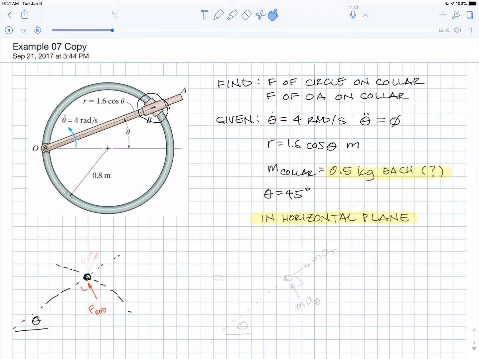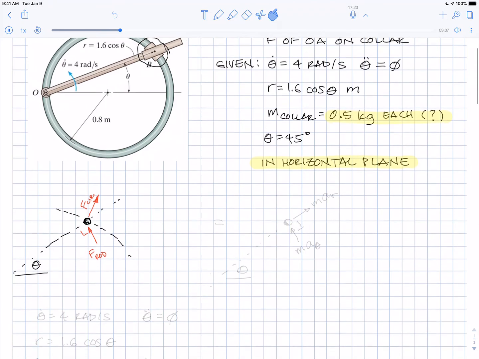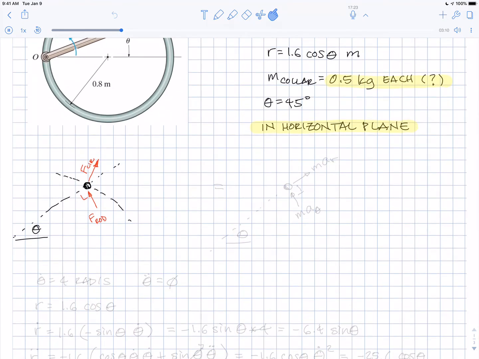And then there's going to be a force perpendicular to the circle, and I can see that this is going to be a nightmare in geometry. We'll see. I'm going to call that F circle. So those are the two forces. There's no weight. There's actually weight going down into the paper and a normal force coming up out of the paper, but we don't have to worry about it.